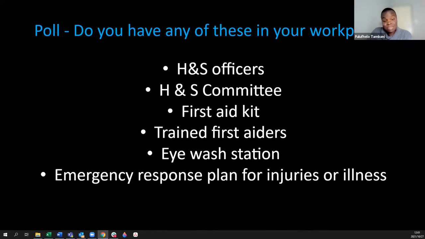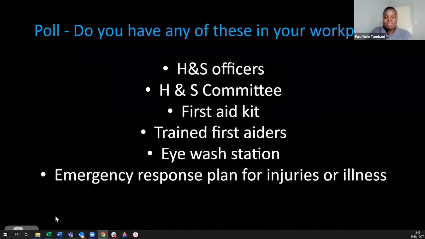Only 26% have an eye wash station. All right. And 30% say they have an emergency response plan for injuries or illness. That's not great. It's very important. I'm sure after this you will get one. Thank you so much for that.